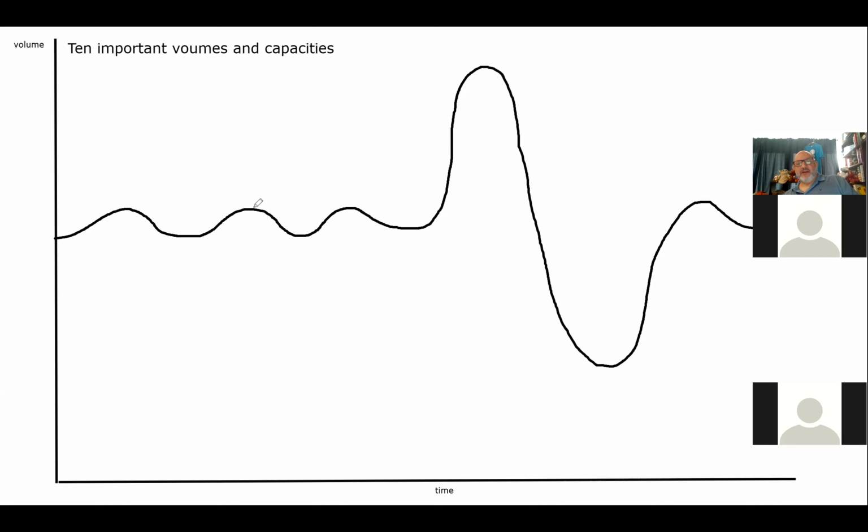So basically, we have to go from the top of our curve here down to the bottom of the curve here. This value is what would be the volume for your normal resting breath. And this volume is what we call the tidal breath or the tidal volume.